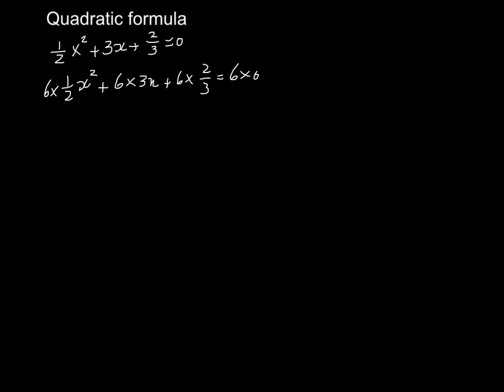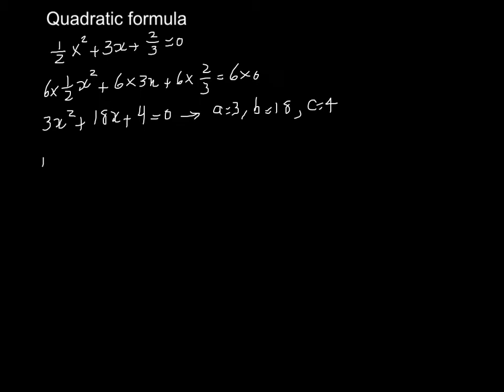Now 6 times 1/2 gives me 3x squared plus 6 times 3x gives me 18x plus 6 divided by 3 is 2 times 2 is 4, is equal to 6 times 0, which is 0. Now in this quadratic equation, a is 3, b is 18, and c is equal to 4.